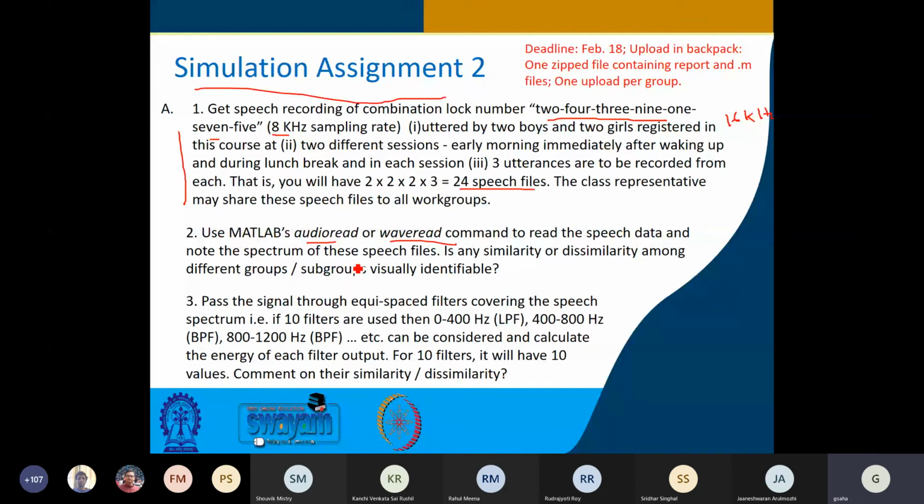Is there any similarity or dissimilarity among different subgroups, visually identifiable? You can look at the spectrum of these speech files. Girls' voice, boys' voice, is there any difference? A particular girl speaking in the morning, speaking in the afternoon after lunch, is there any difference?